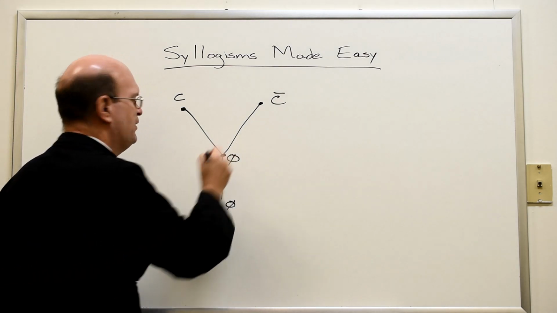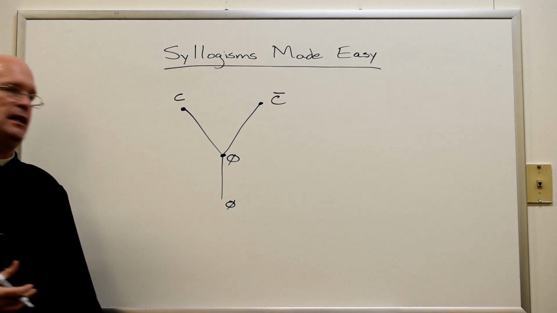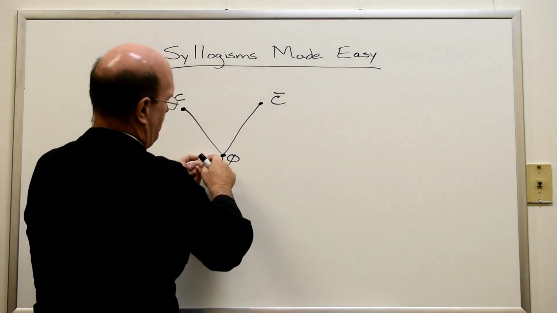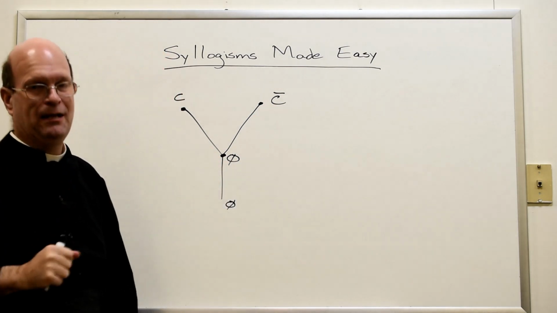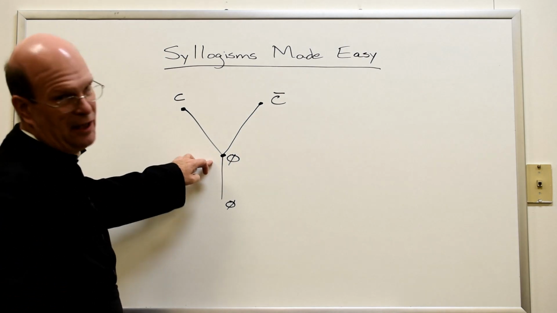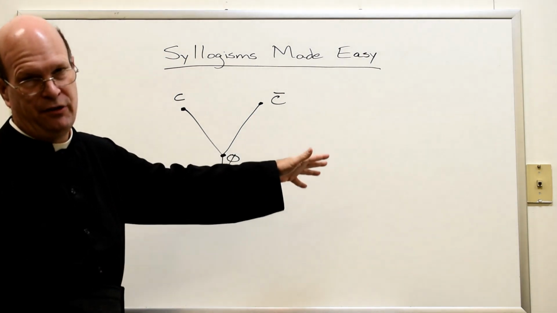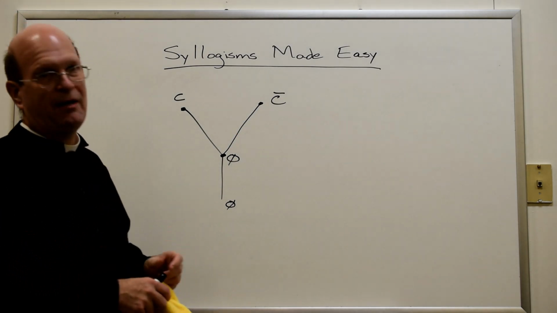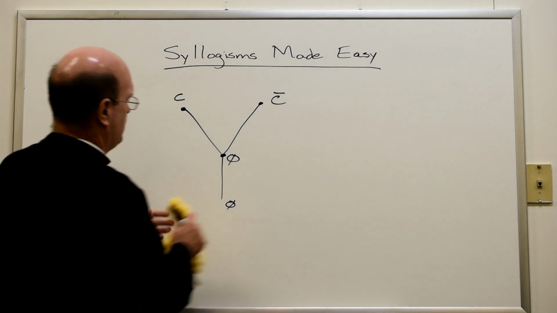So no matter what this is allegedly supposed to be, if I flow down from here and here to where they meet, they can only meet in the empty set. Okay, I hope that makes sense. Nothing is simultaneously both a C and a not C. Again, that has to do with the meaning of our terms and with just kind of the metaphysical import of what we mean by terms here.